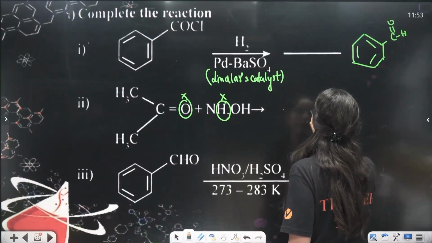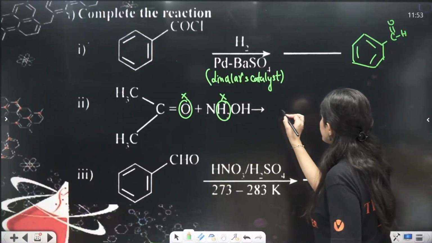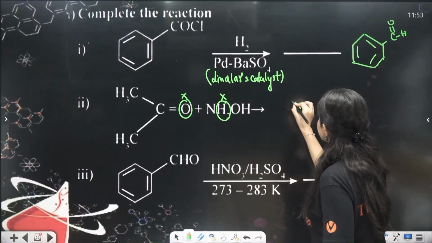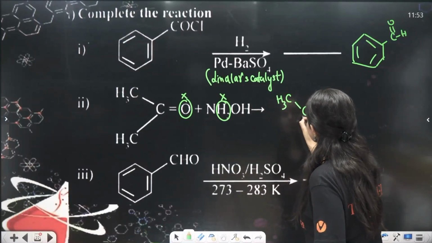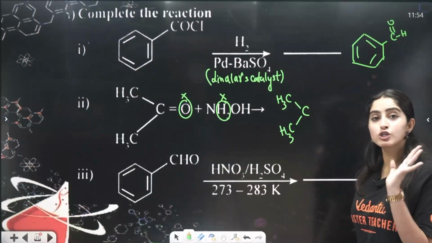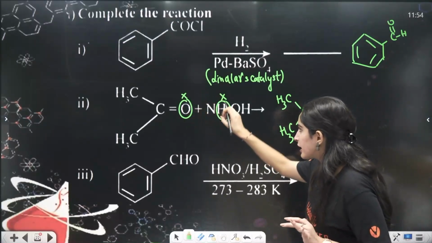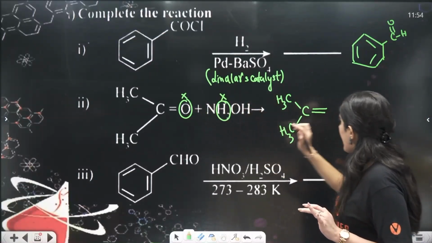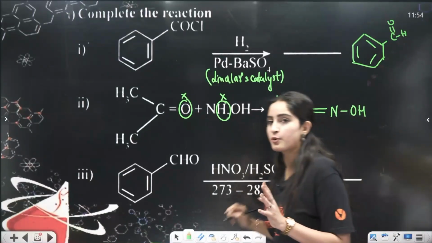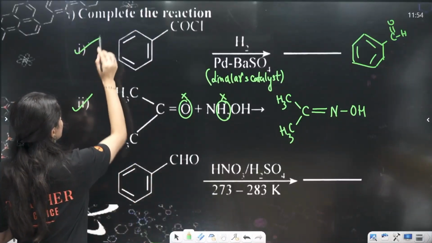This is your C, this is your C, this is CH3, this is CH3. I told you to keep the double bond intact. Take out this oxygen, take out this hydrogen, and attach nitrogen, and this is your OH. This is the product that will be formed. Okay, second question also done and dusted.